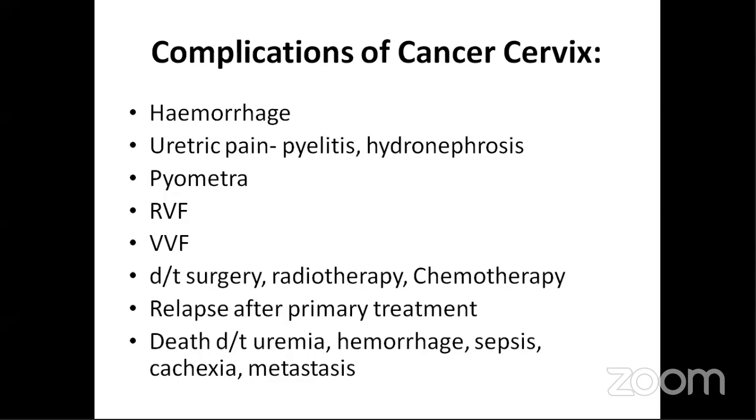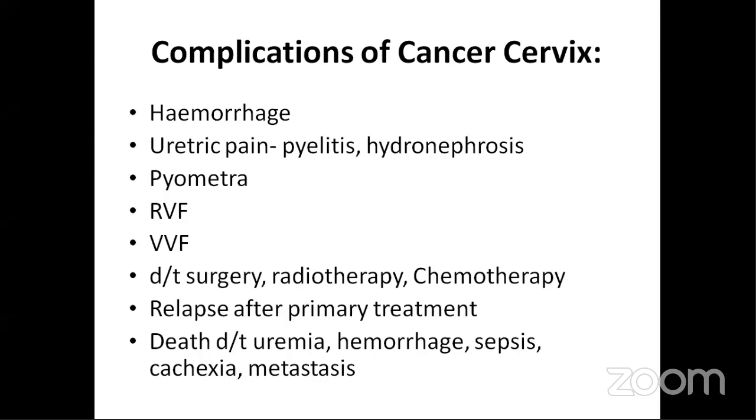Especially in the third stage of carcinoma, where we'll study the staging later, there is involvement of the pelvic side walls and obstruction of the ureter. Then frequently she can go in for cystitis, pyelitis, and nephritis, and definitely there will be hydronephrosis, and she'll have frequent episodes of acute pain abdomen.